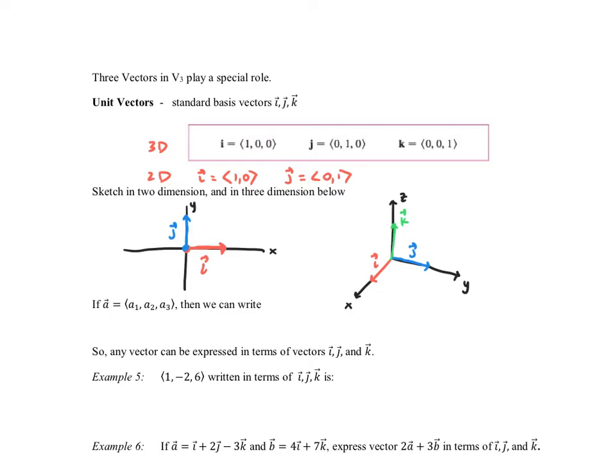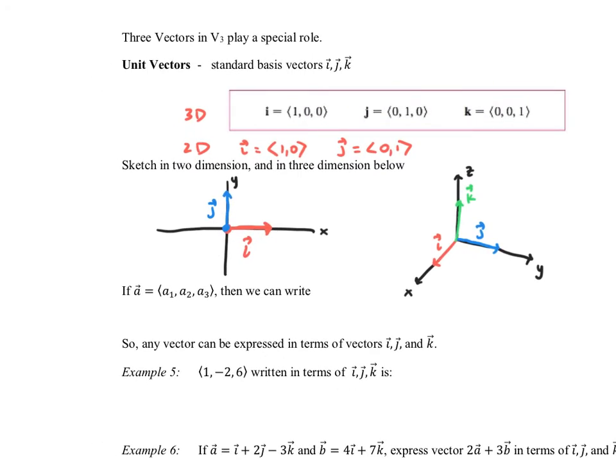But for instance, if you had a vector A that was made up of a sub 1, a sub 2, a sub 3, you could write it as it is written in the problem right here, or you could also write it as a sub 1 multiplied by vector i plus a sub 2 multiplied by vector j plus a sub 3 multiplied by vector k. And that's just a different way of writing it.